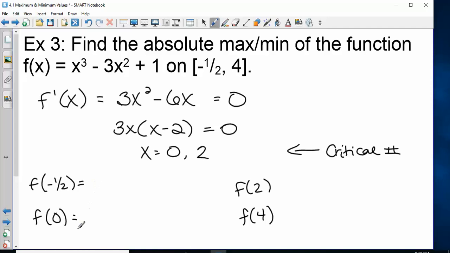You guys can find it, I'm not going to tell you. Plug it into the original, -1/2.